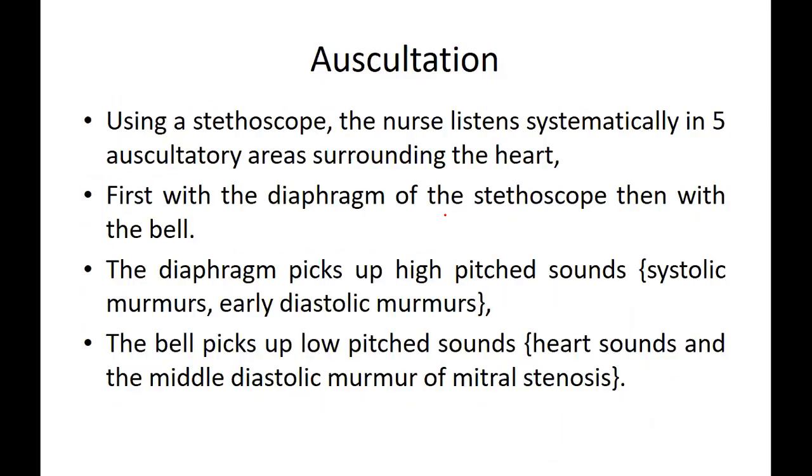Let's go through the notes quickly. The diaphragm picks high-pitched sounds, for example, systolic murmurs and early diastolic murmurs. Then the bell, that's the smaller circle on your stethoscope, picks up low-pitched sounds such as heart sounds, and the mid-diastolic murmur of mitral stenosis as well.